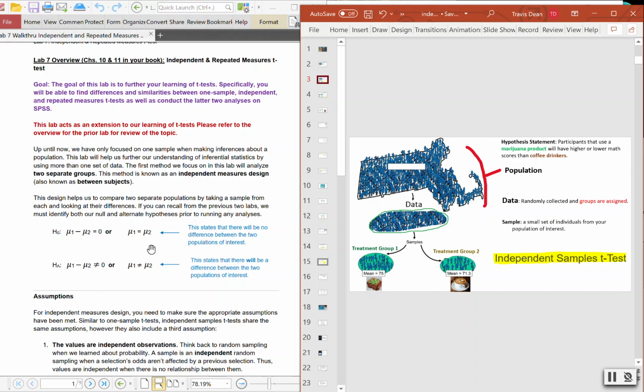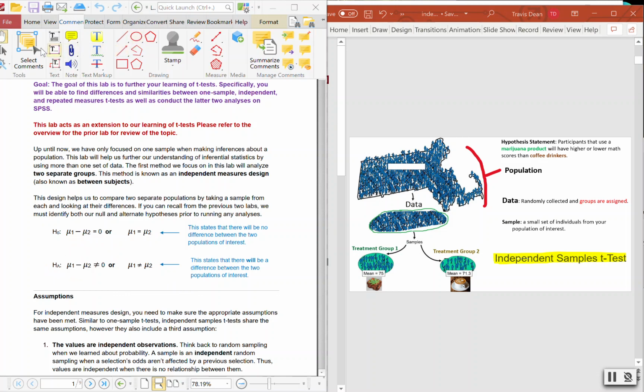So 5.5 minus 5.5 is equal to 0, and 5.5 equals 5.5. So you can write them both ways, and as you see here in the alternative hypothesis, you can do the same thing with it. So logically speaking, you're saying that the groups are not equal, and in that case you have just an alternate way of explaining the null.